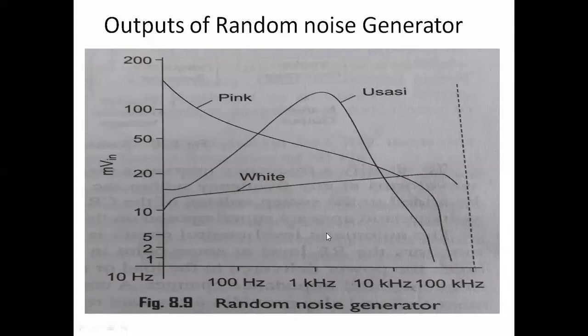Generally, white noise has a flat structure from 20 hertz upward, because white noise is like a white color source.